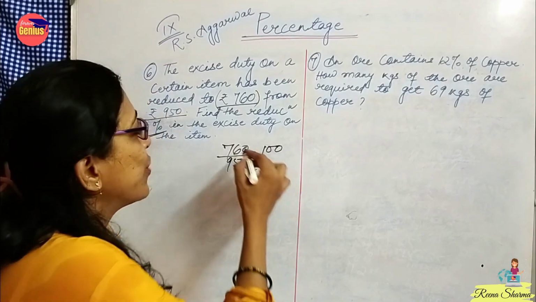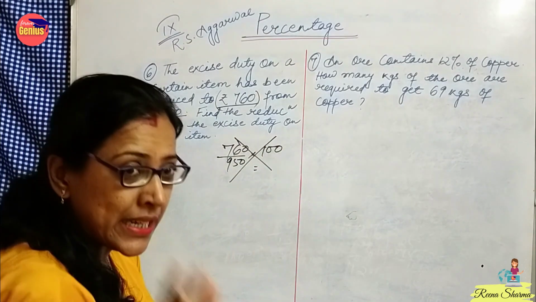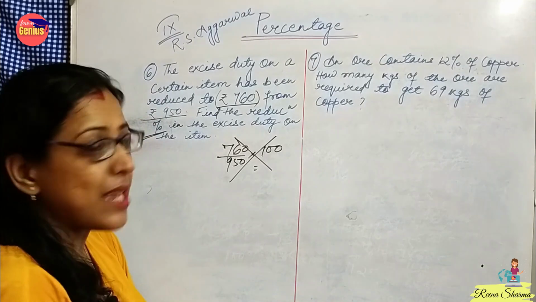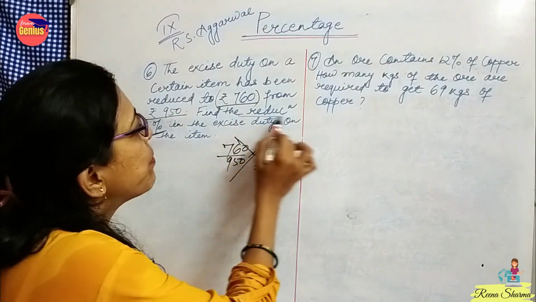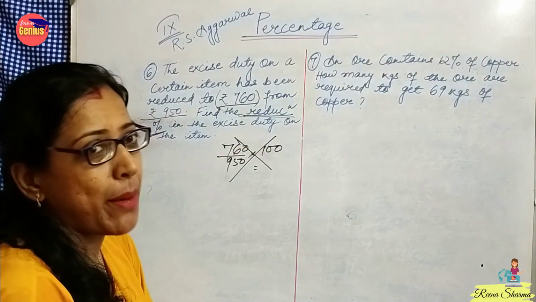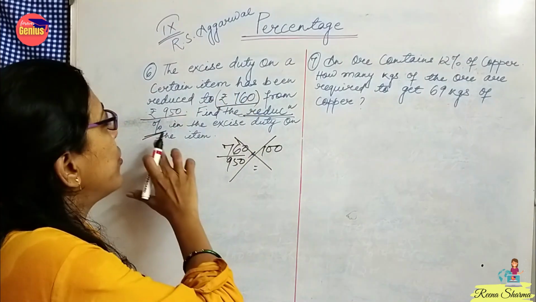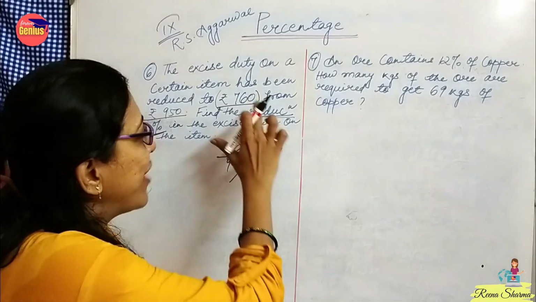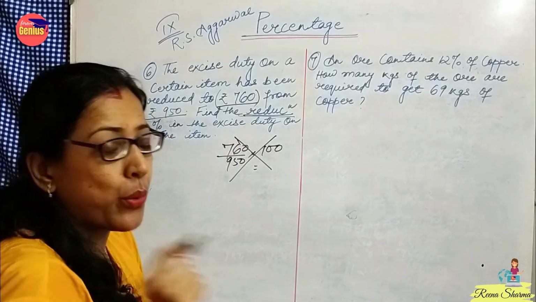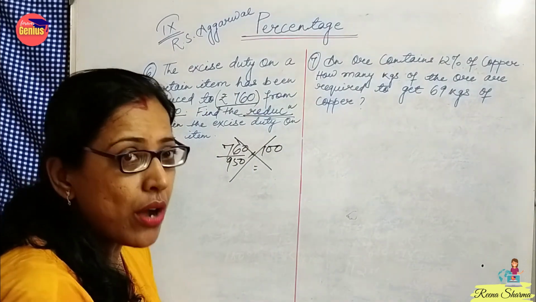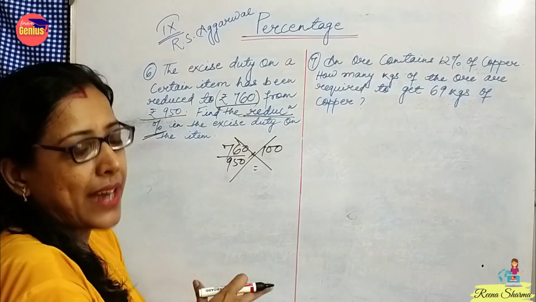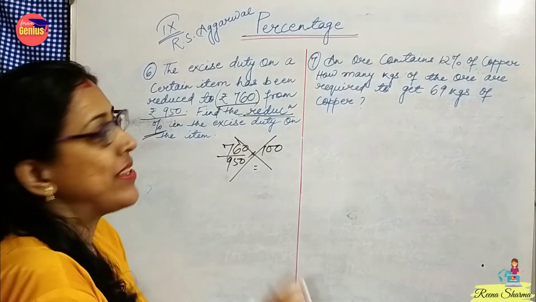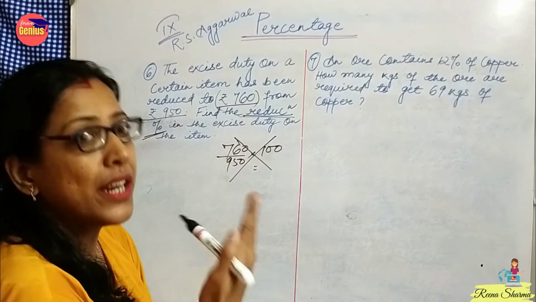But student, that is totally incorrect. Why is it incorrect? Because they are asking the percentage of the reduced amount, not of this amount related to this amount. So first I have to find out what is the reduced value. So I need to subtract 760 from 950 in order to find the reduced value.